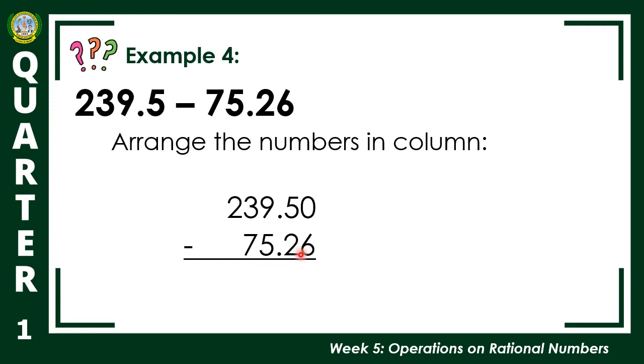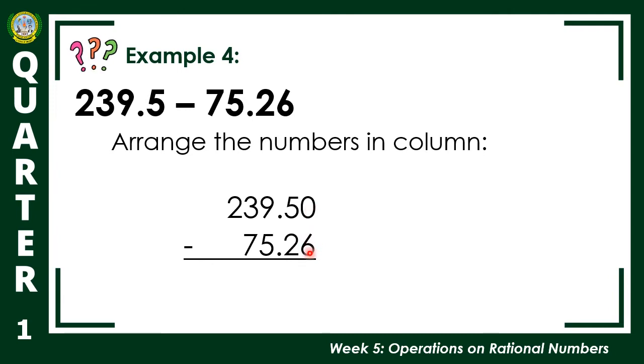So since mas madami pong decimal numbers po ang yung ating subtrahend, so dito kailangan na talaga, it's a must, na tayo ay magdagdag ng 0 sa taas. Okay? So kailangan po para maging magkameron po ng number sa tapat ng 6. Kasi syempre, doon natin malalaman kung saan natin isusubtract tong 6 na to. Okay? So, subtraction na po tayo.